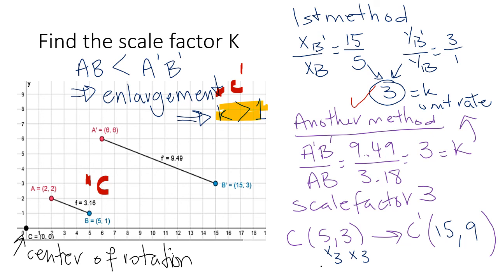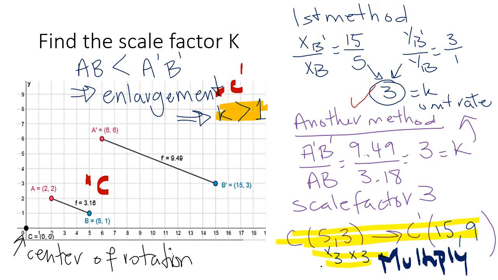I have explained how to find the scale factor and how to find the coordinates of the image as well in my second part over here about C. So you just multiply. This is a brief idea about how to find the scale factor and how to draw your image.